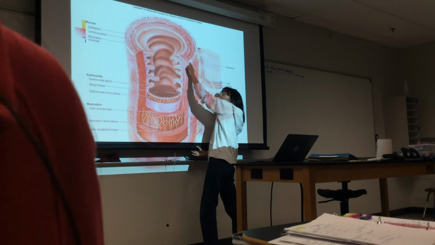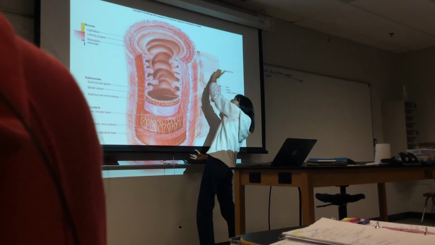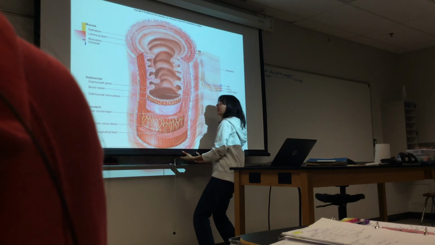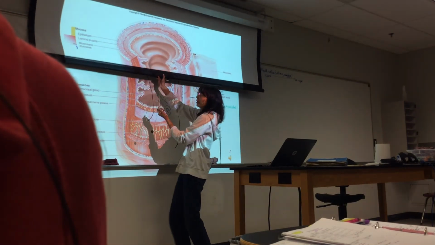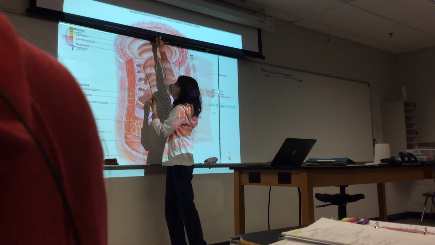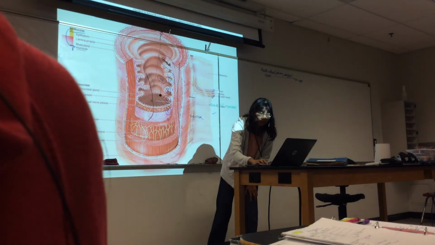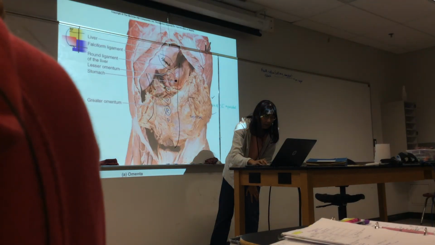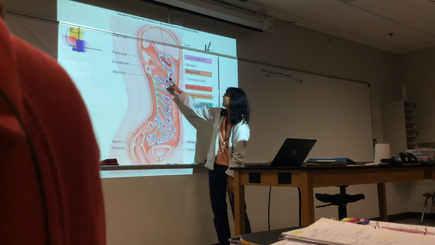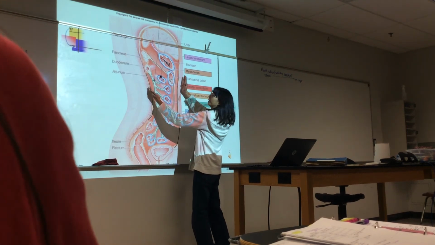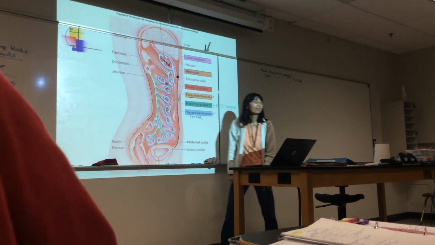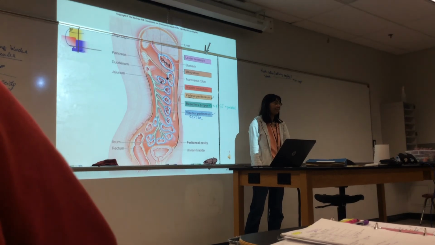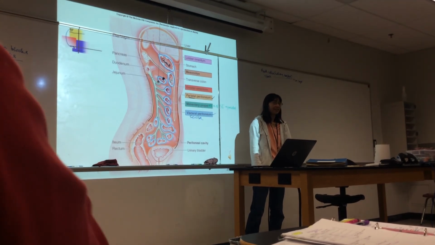Serosa here, visceral peritoneum. And on the way over here, it's going to connect to the parietal peritoneum, that's the black one. You guys got that?